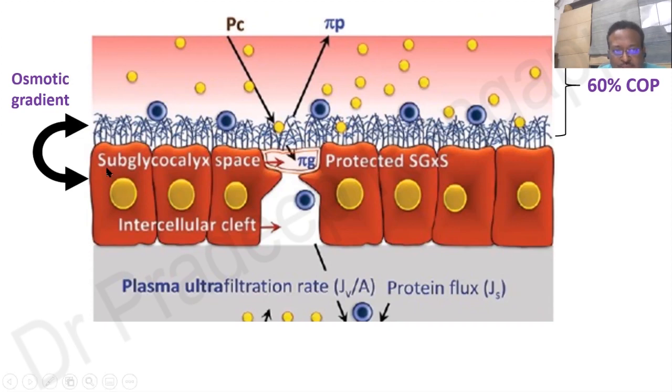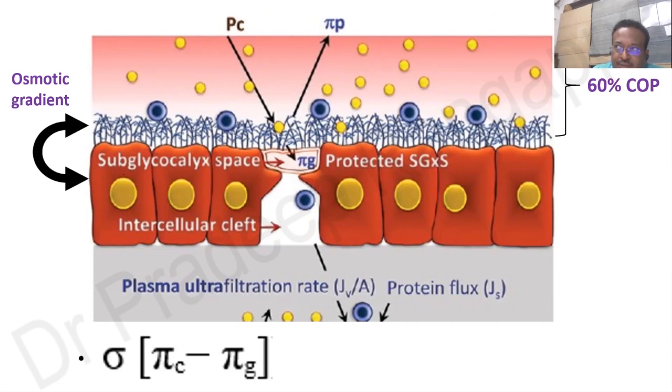There is a small space just below the EGL called the subglycocalyx space. The osmotic gradient that exists between the EGL and the subglycocalyx space is what is determined to be important in maintaining the vascular integrity and the movement of the fluid into the venules.